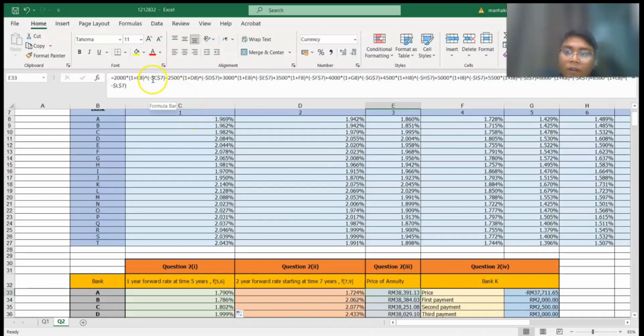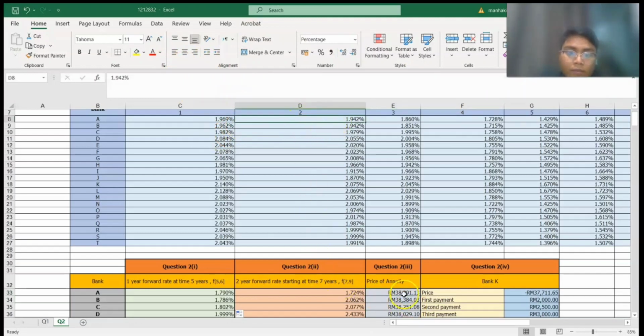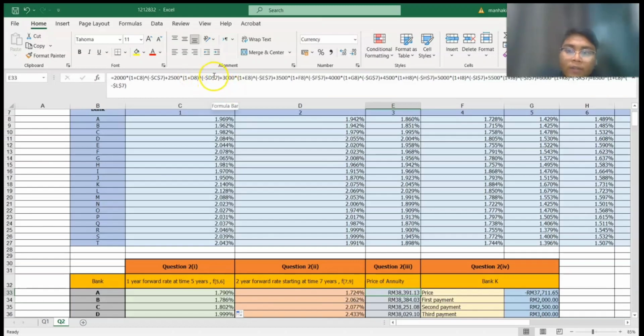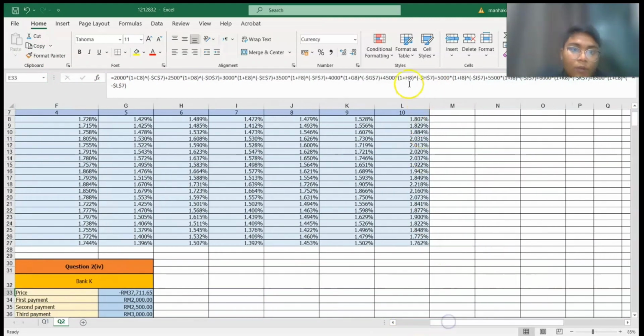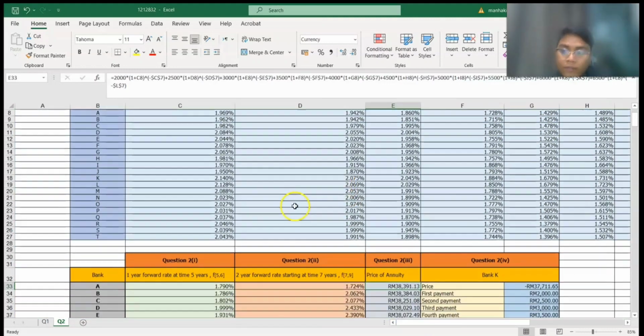I have logged the power, and plus 2500 multiplied by 1 plus D8, which is this one, and then to the power of negative D7, which is negative 2, and so on until 6500 multiplied with 1 plus 1.807%, to the power of negative 10.